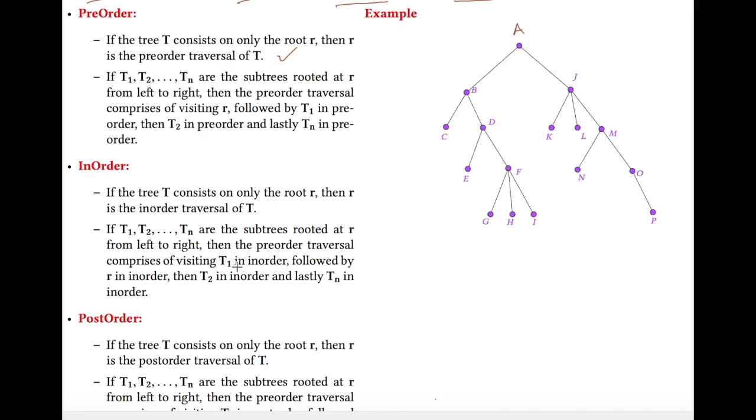So visiting T1 in order, followed by the root, and then T2 in order. Root in order means just the root. Then T2 in order, and lastly Tn in order.